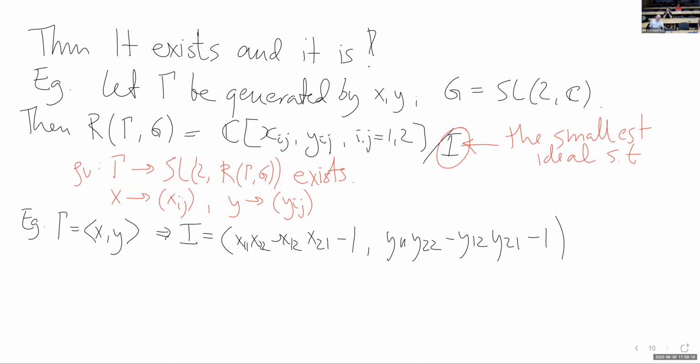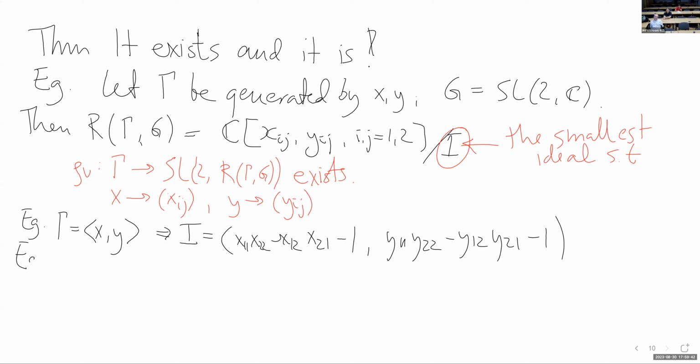This is the minimal number of relations you have to put in I for this to make sense, and this gives you the universal representation. Every representation of the free group into SL2C will be induced by a homomorphism from this ring to C. And if you have more relations in your group, you have to include those relations in the definition of I.